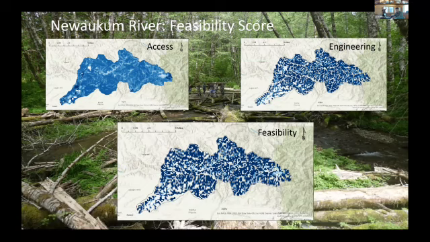You can see on the access model, upper left, dark blue is good again, white is not good. You can see some properties where they've already done outreach down there in the lower main end, where we were able to score the properties appropriately based on that outreach for access even. So engineering and access come together for that feasibility model, which is kind of the opposite of your SAM model.